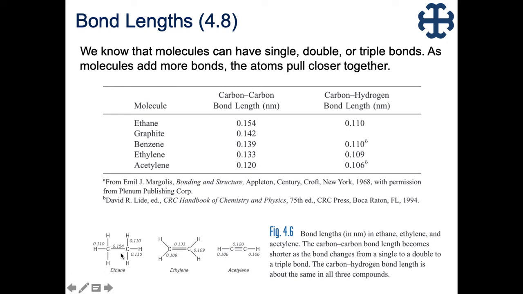So our bond lengths get shorter and shorter. These bonds also become more and more difficult to break then. Okay, so that's the difference between single, double, and triple bonds. Basically, single bonds are the longest, triple bonds are the shortest, double bonds should be somewhere in between.